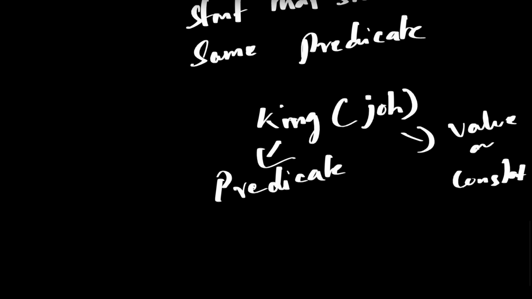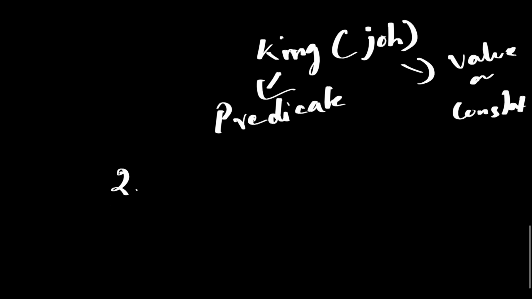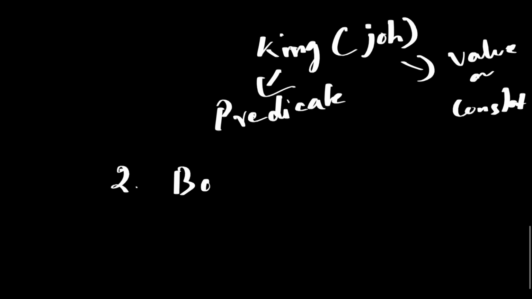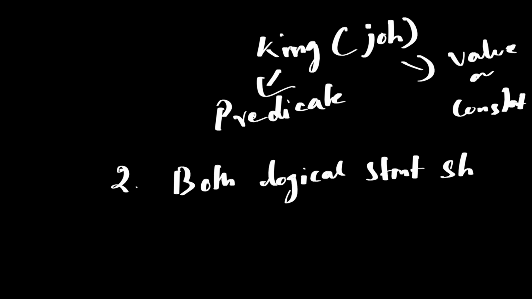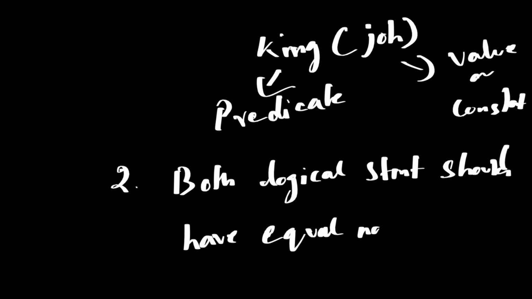Now, the second rule is both logical statements should have an equal number of variables. That is quite important.